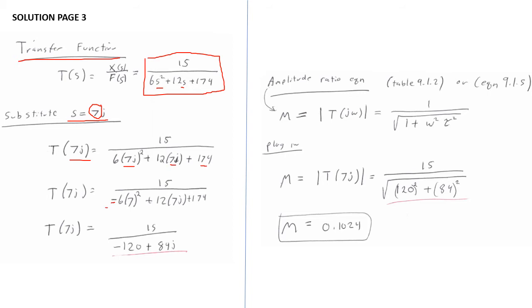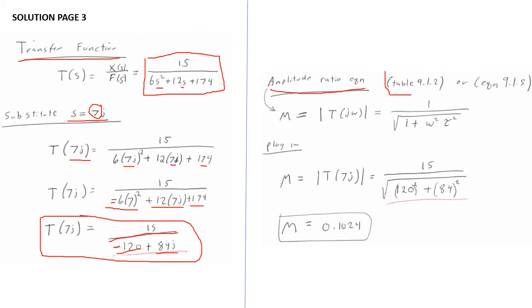So we have negative 6 times 7 squared plus 12 times 7j plus 174. We can reduce and simplify a little bit more. So when we replace s with 7j, T of 7j is equal to 15 divided by negative 120 plus 84j.